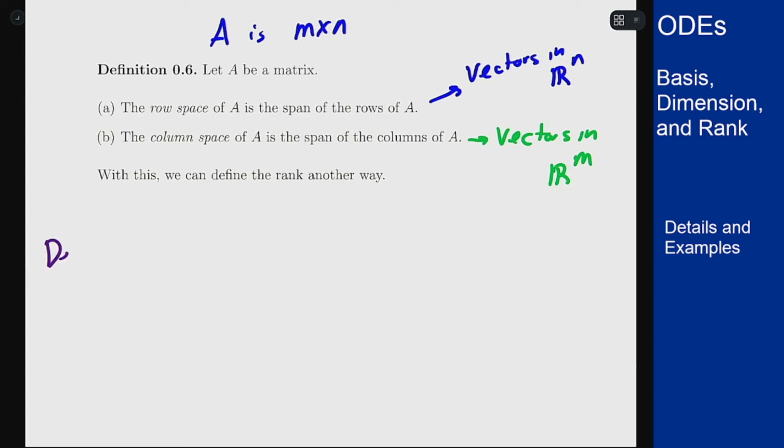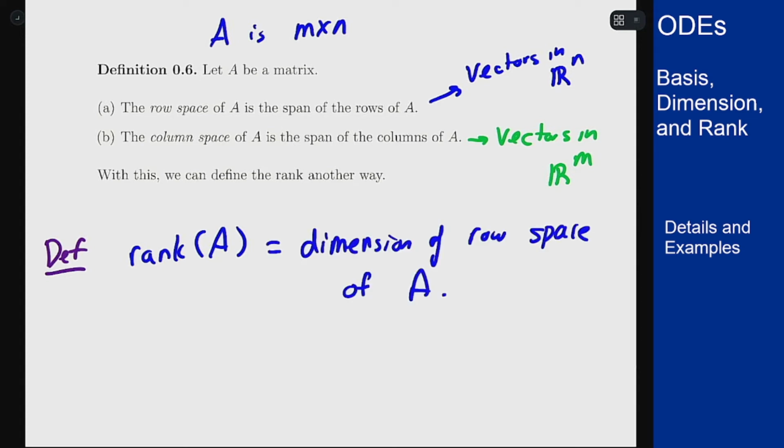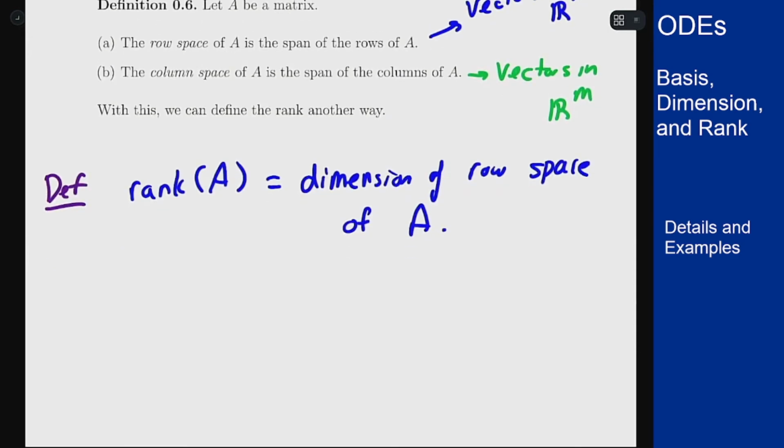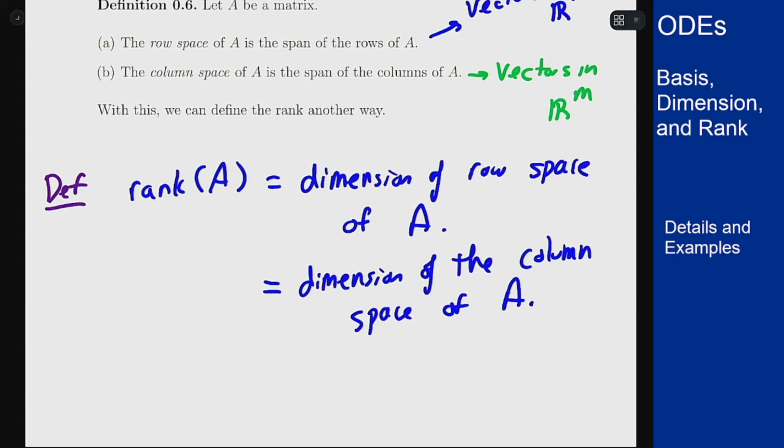So the rank of A, usually written rank(A), is the dimension of the row space. We take those vectors, figure out linear independence. The number of linearly independent vectors is the rank, which is what we want. However, this is also the dimension of the column space. Why does that work? Why are they the same thing?